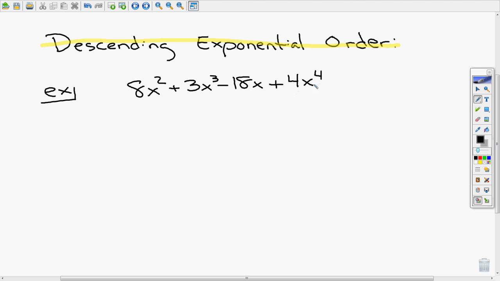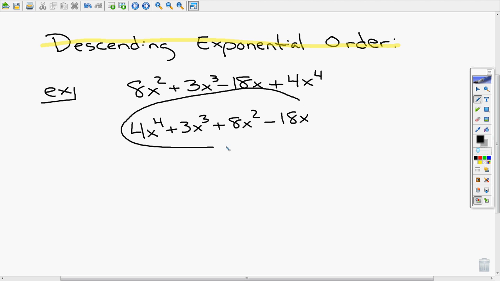So we'd start with a 4x to the fourth. That should go first. Our next one would be plus 3x to the third. Our next one would be 8x squared. And our last one would be minus 18x. This is the proper way to write this function. That's descending exponential order. You start with the biggest exponent and they cascade down. They work their way down to the very end.